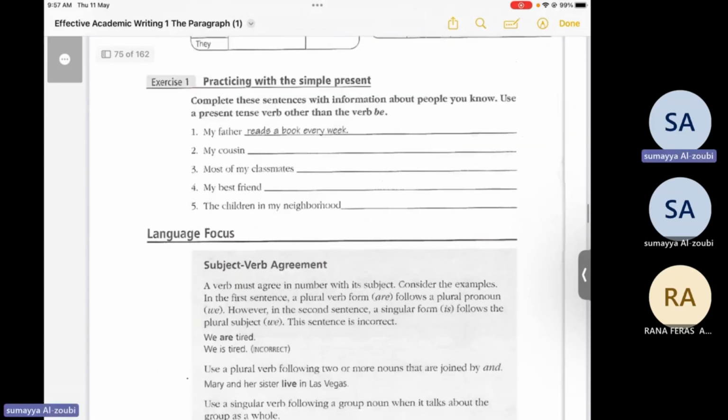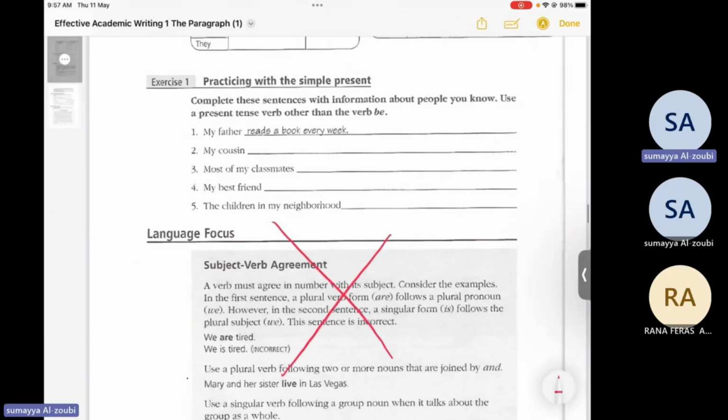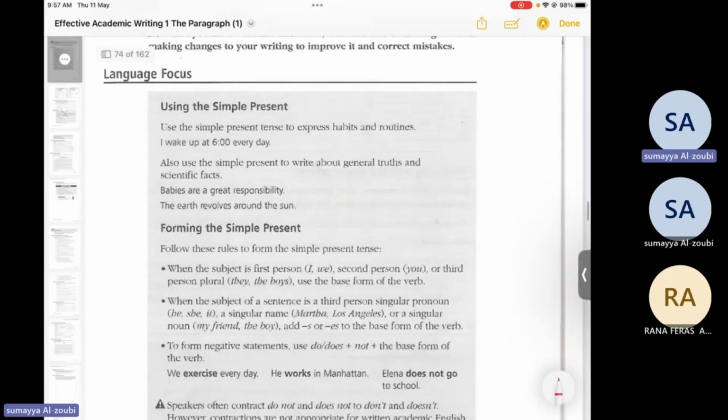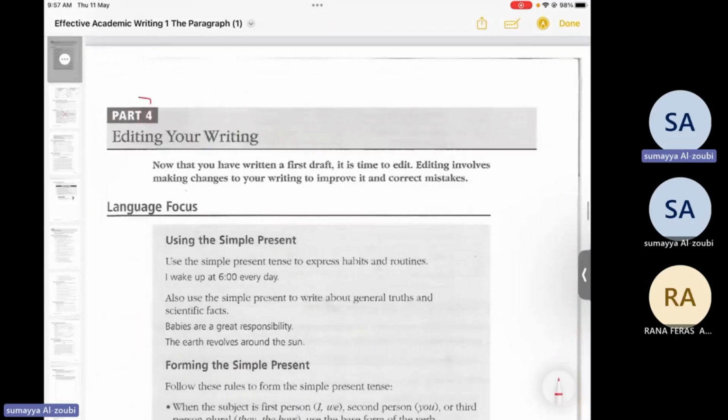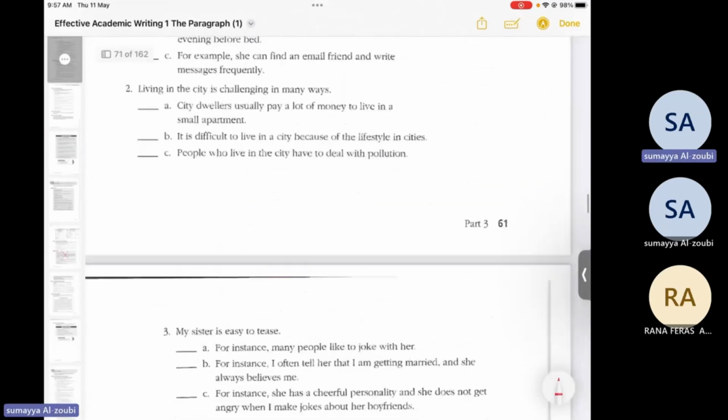Of course, this part about language focus, about the use of subject-verb agreement, I will not repeat myself, as we did that at the beginning of the semester. This is for your own information. And part 4, we will not do it because we have already done that previously. Okay.